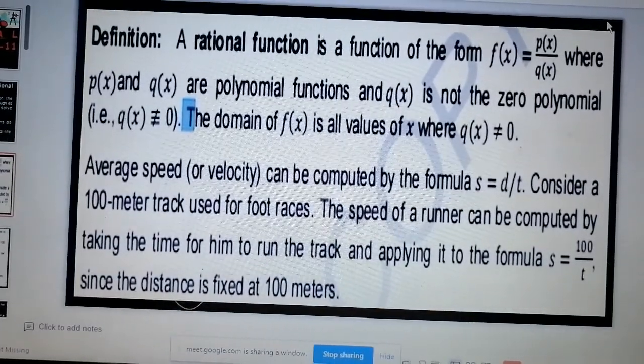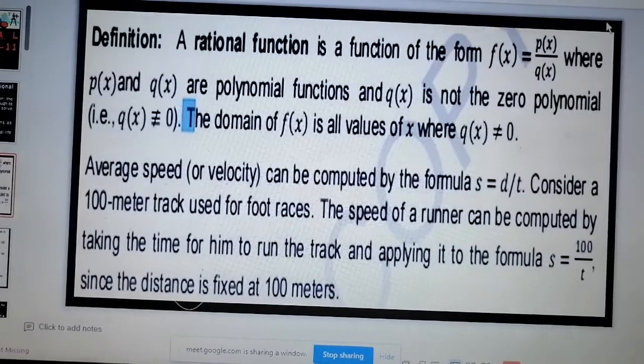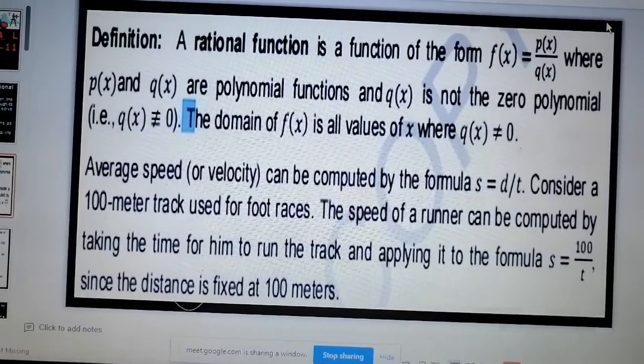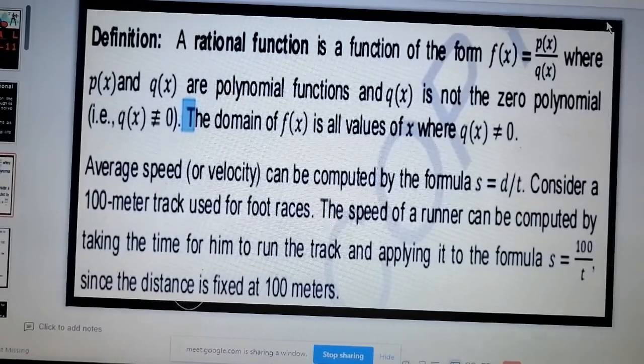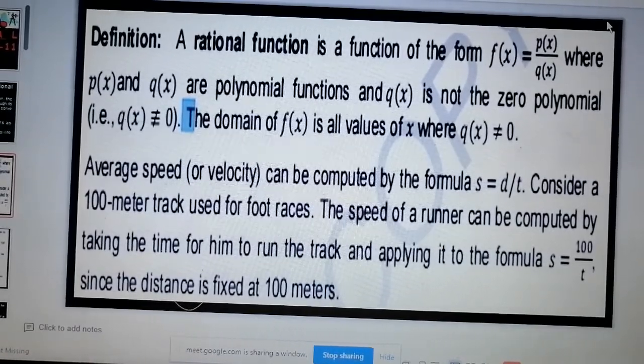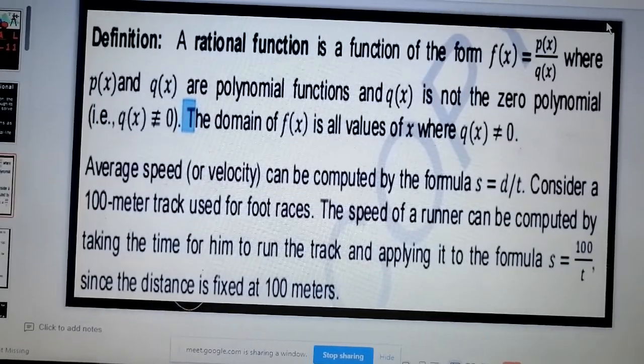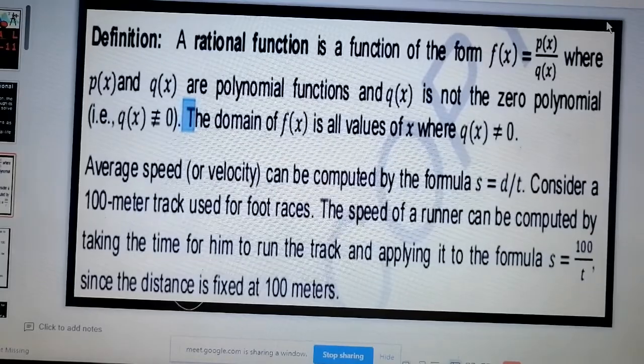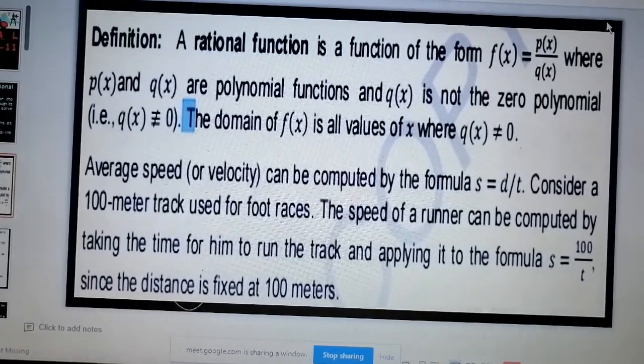Okay. Ano nga yung pag sinabing domain, ano yung hinahanap? At kapag sinabing range, ano yung hinahanap natin? Do you still remember what is the domain and range?